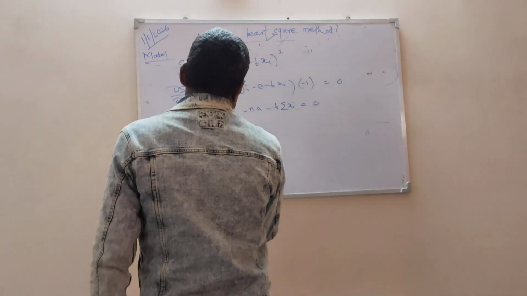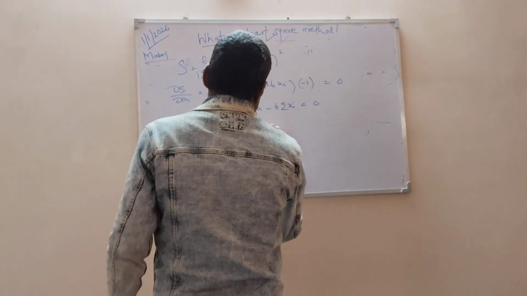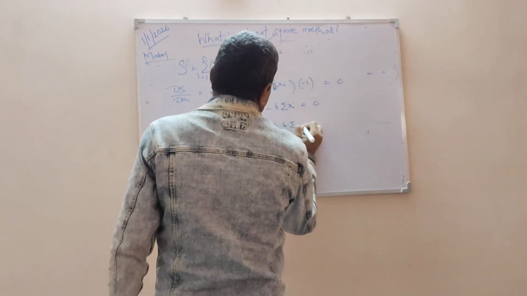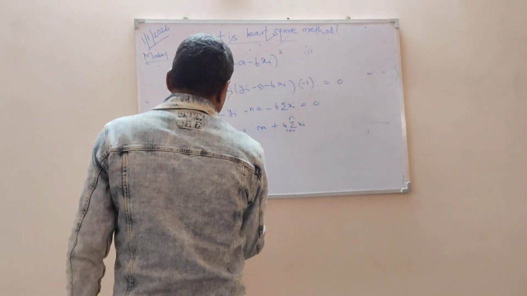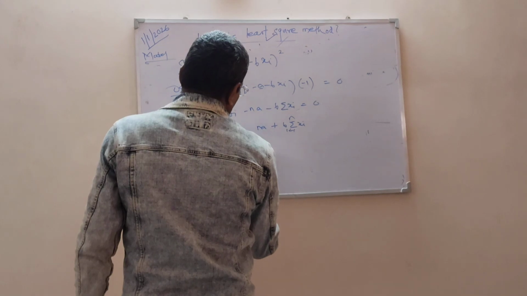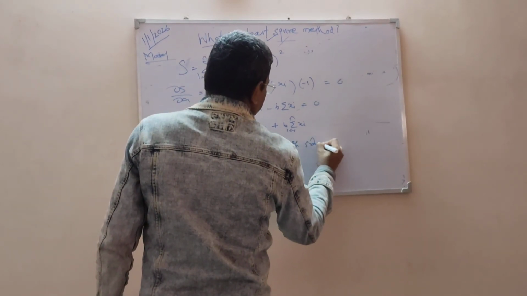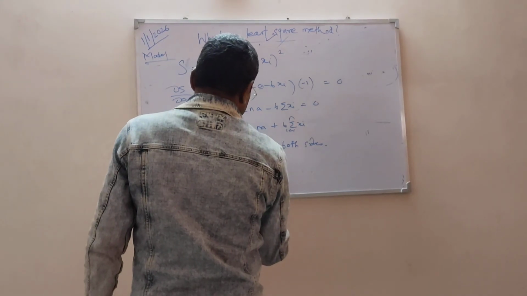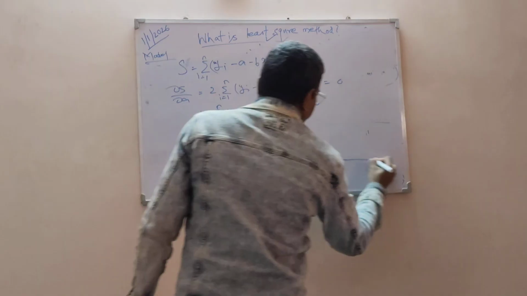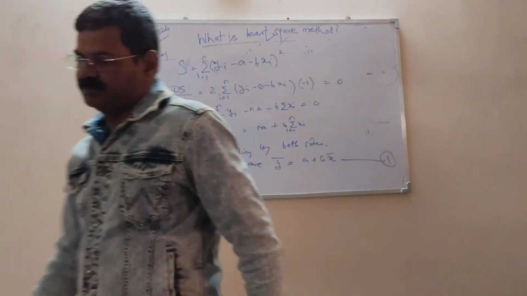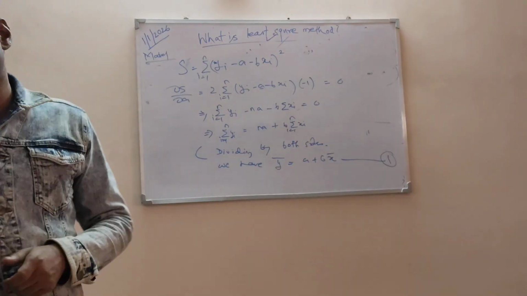If I take this to that side, n a equals summation yi minus b summation xi. Dividing by n on both sides, we have y bar equals a plus b x bar. This is my first normal equation.